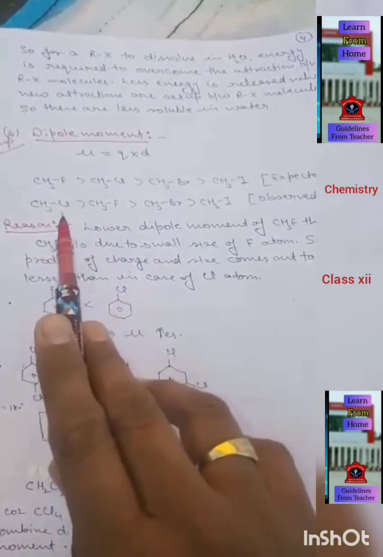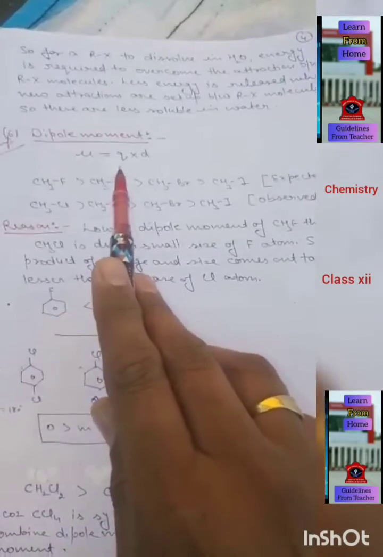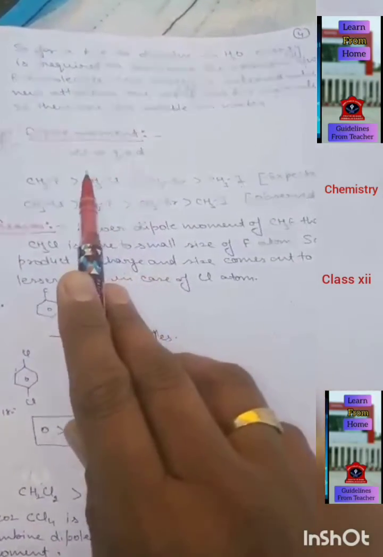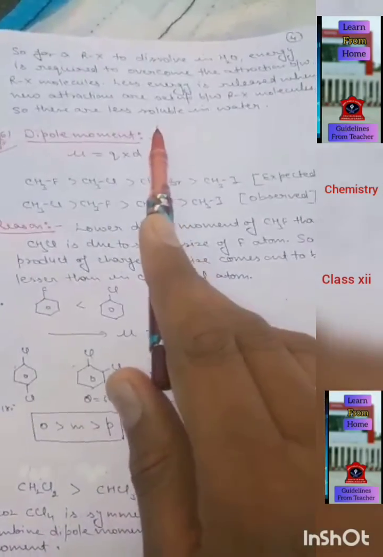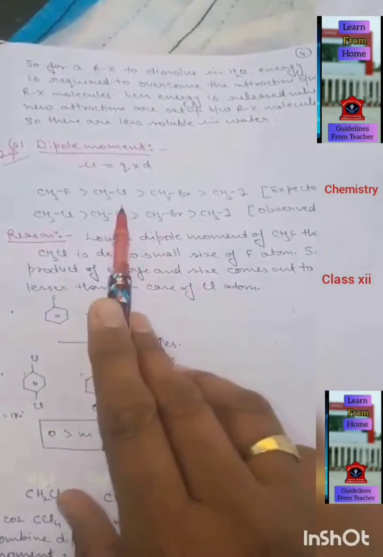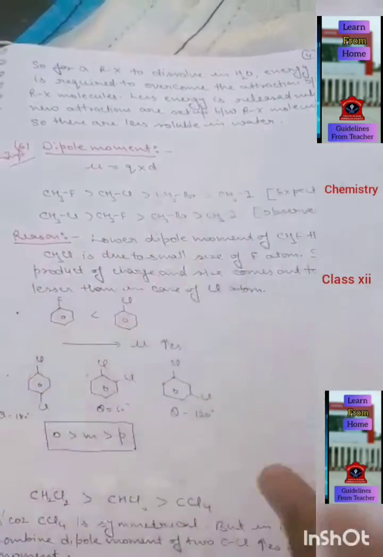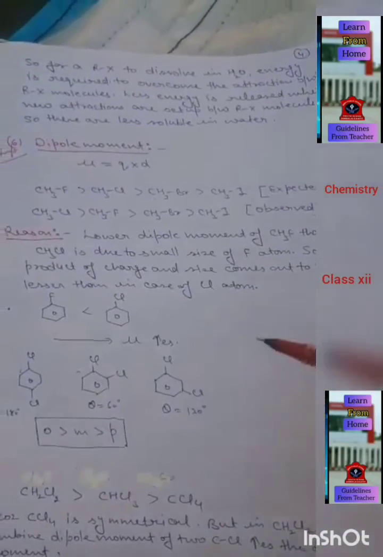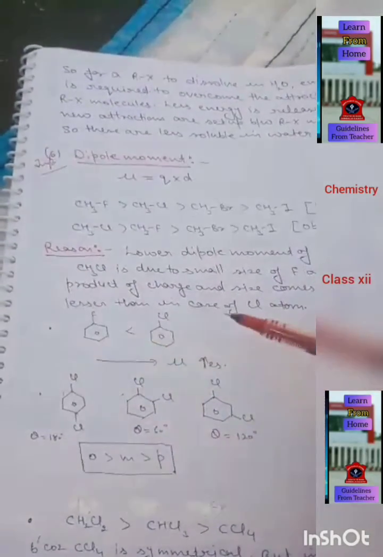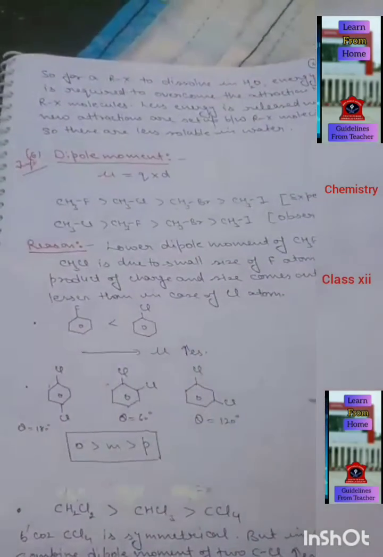But in case of chlorine, if we see Q into D, it is somewhat higher as compared to the fluorine atom. That's why there is an exception: chloride comes first as compared to CH3F. Similarly, there is another example of fluorobenzene and chlorobenzene, and the order is the same as shown above.